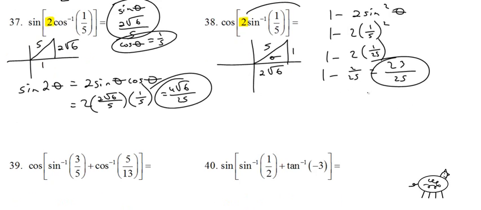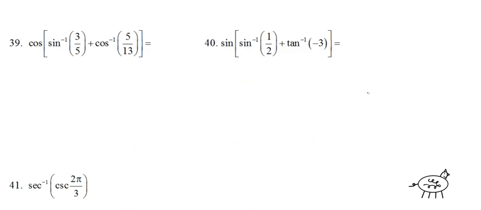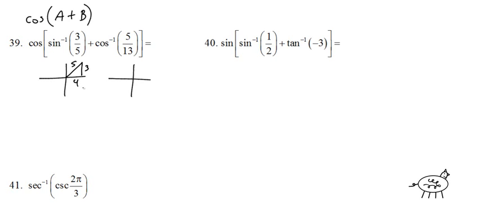All right. Okay, so of course you recognize this as cosine of A plus B. So cosine sum. All right, that's easy to recognize. You got to draw two pictures for this because you need to draw A and B. So of course sine is 3/5, so it's 3 and 5, and this is a 3, 4, 5.